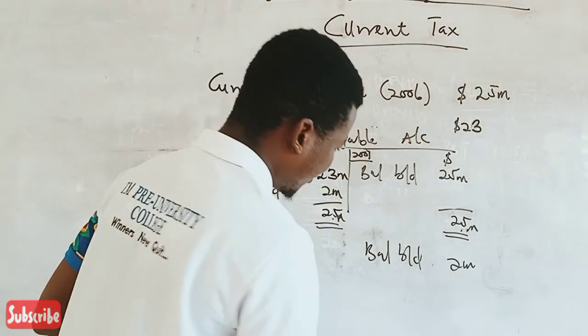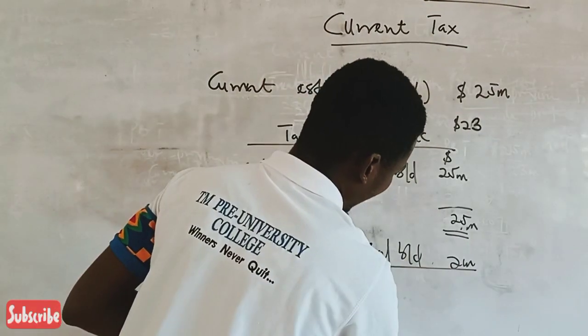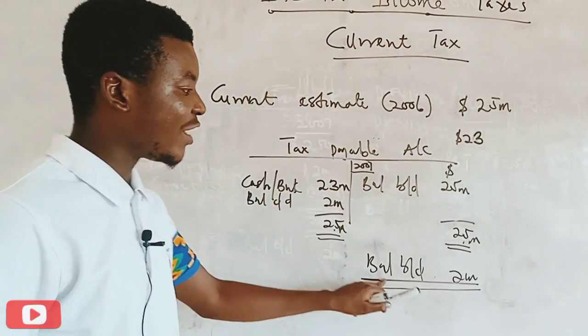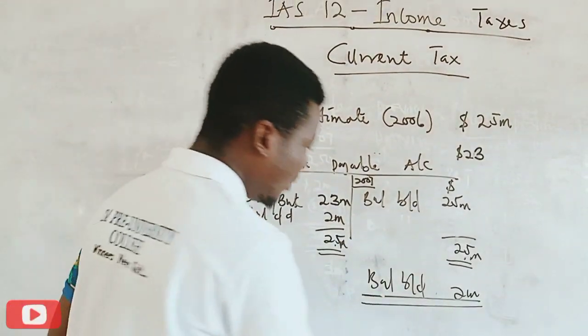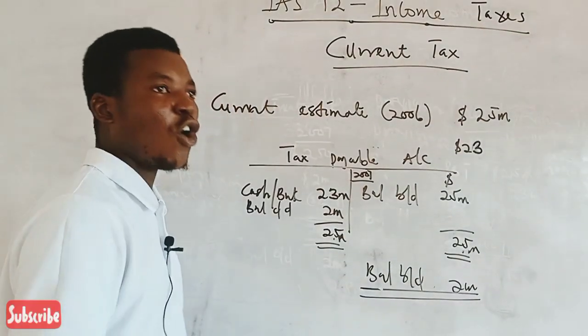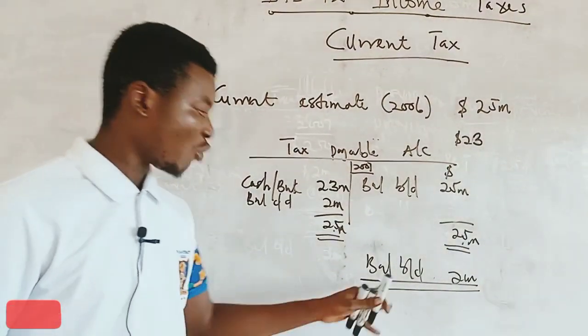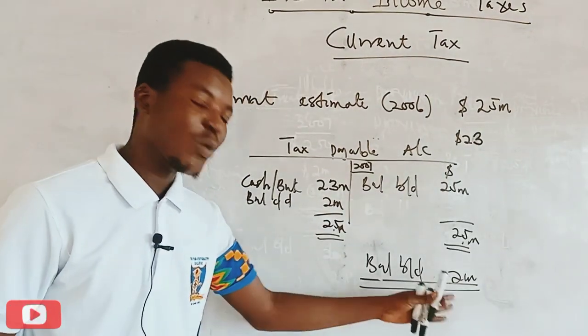So whenever you see the balance of current tax in the trial balance on the credit side, it means over provision or the tax liability of the entity. The footnote to the trial balance will tell you whether it is over or under.